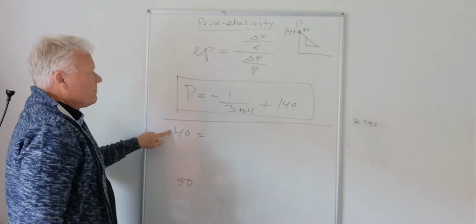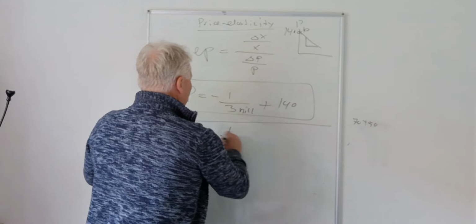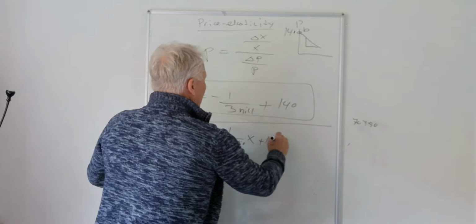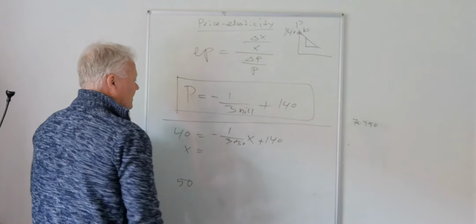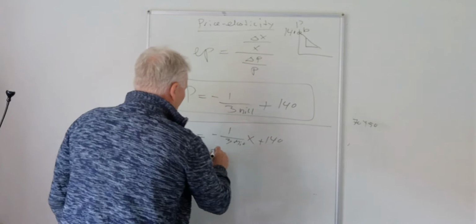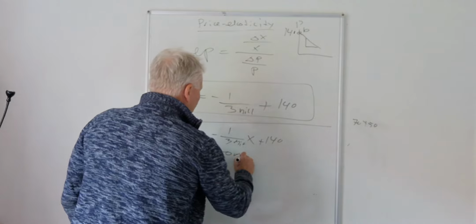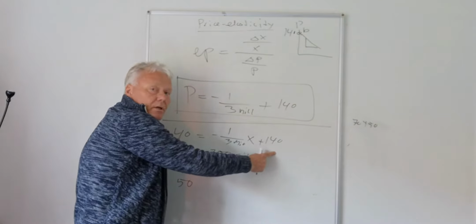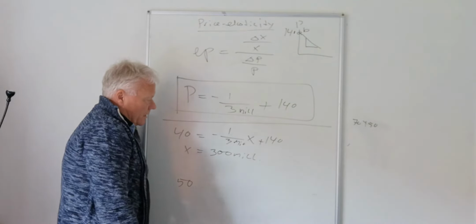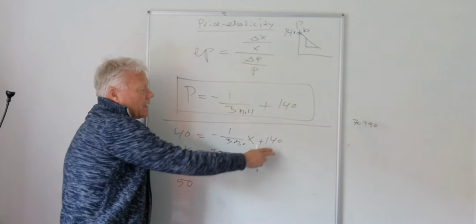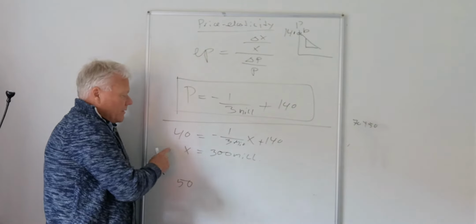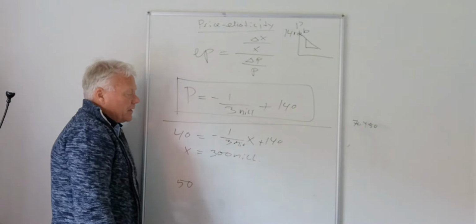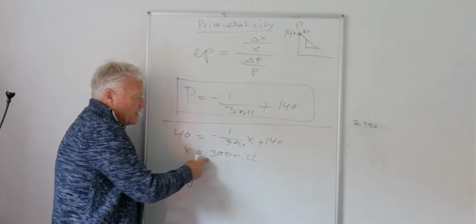So if P is 40 and we have this, then we can solve this for X, and that is 300 million. Simply solve this by saying 140 minus 40 gives us minus 100, times minus 1 over 3 million, and 3 million times 100 gives us 300 million.